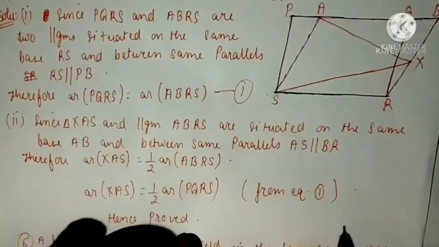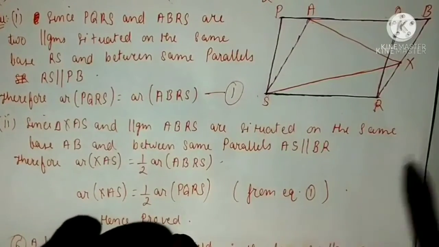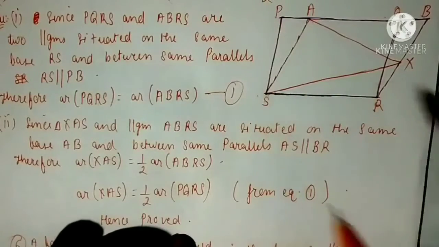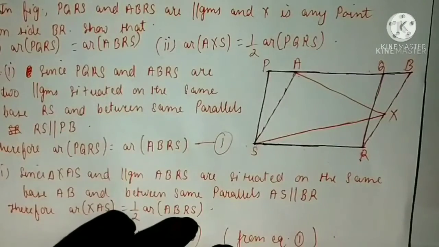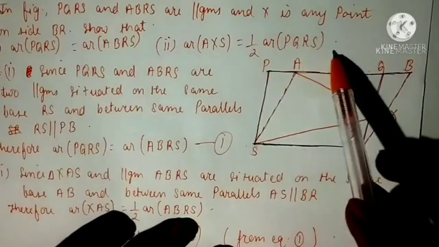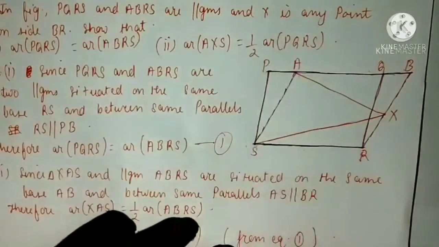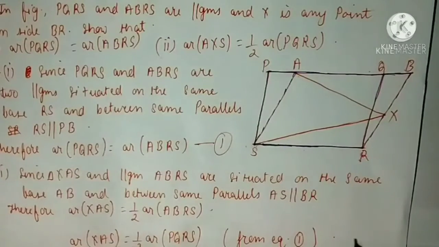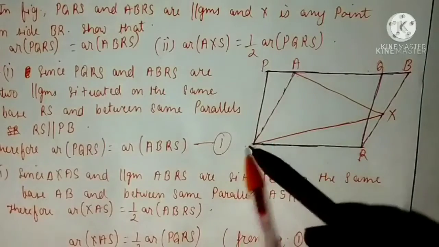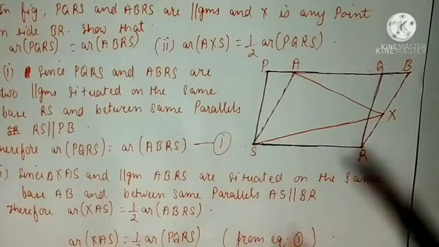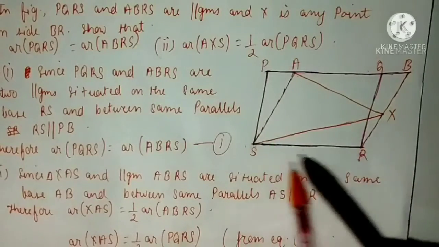Now see the second part. In the second part, we have to prove that triangle XAS and parallelogram PQRS have this relation. Okay. So see, first of all we will see triangle XAS and parallelogram ABRS.